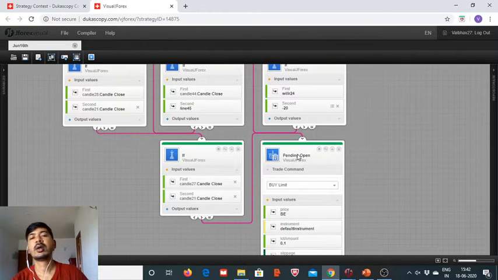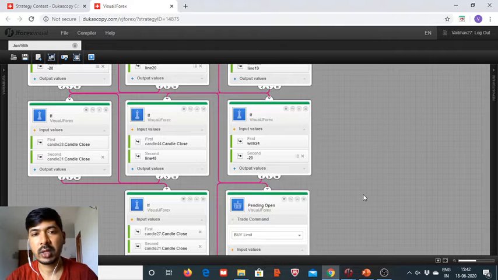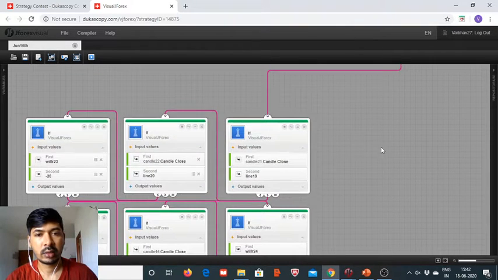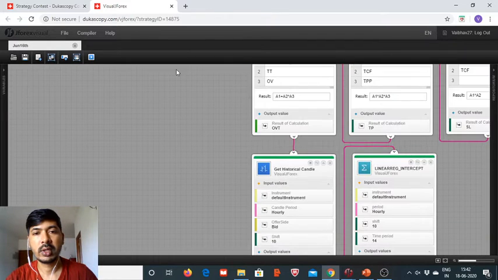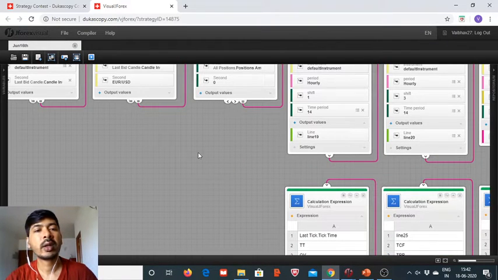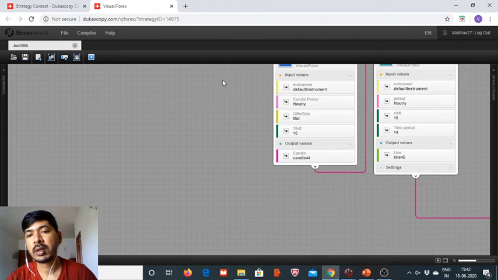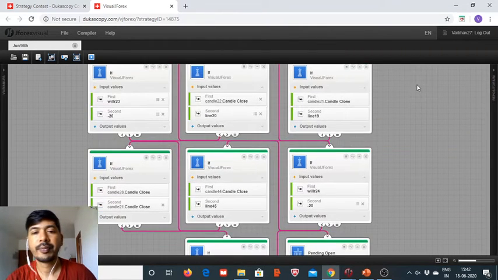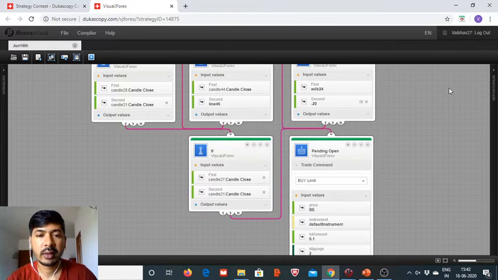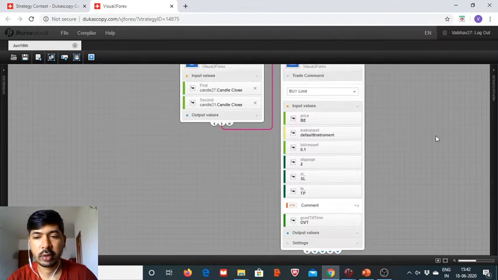So we see what can be done in today's session. Let us take some if blocks. We just try to get a bare bone structure ready for the sell side. This is the buy side. Buy side is almost done now.